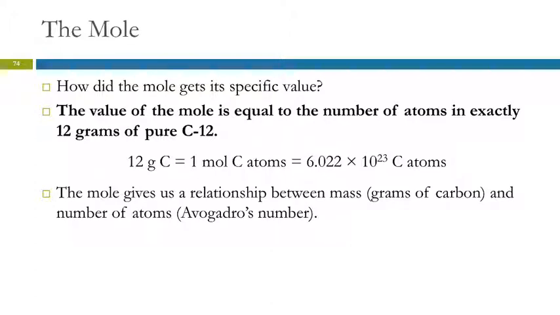They are defined that way so that we have a nice relationship between grams and atomic mass units. So 12 grams of carbon is 1 mole of carbon atoms. And that's equal to 6.022 times 10 to the 23rd carbon atoms. So we've got a relationship here between number of atoms and mass of substance.